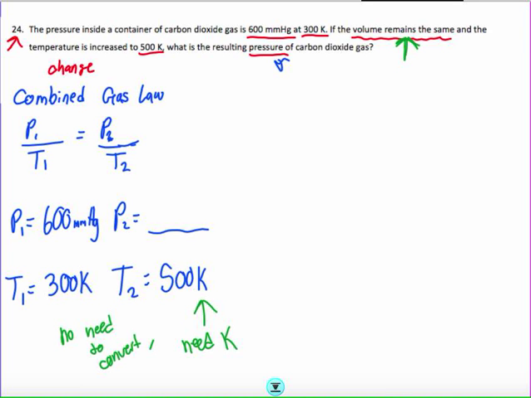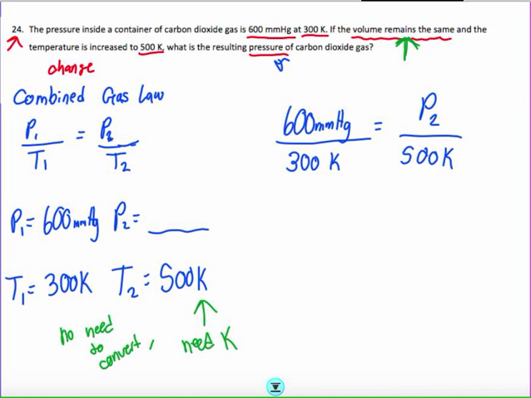So let's go ahead and plug it into our equation. P1 is 600 millimeters of mercury over T1, 300 Kelvin, equals P2 over 500 Kelvin. To get the P2 by itself, since it's divided on this side, we're going to have to multiply. So times this side by 500 Kelvin, so that cancels out. Whatever you do to one side, you've got to do to the other, times 500 Kelvin.